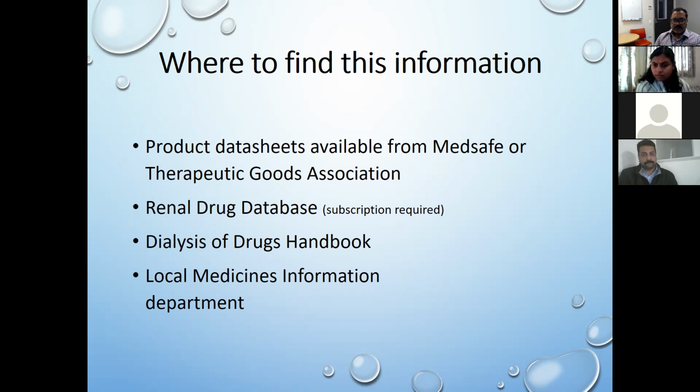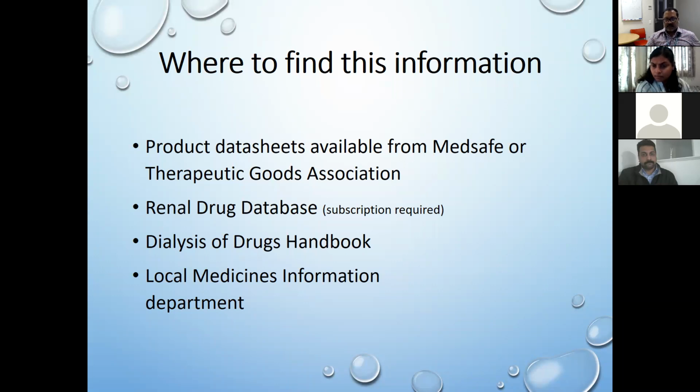I forgot to mention and list here the New Zealand Formulary. You should have access to the New Zealand Formulary. It's freely accessible across New Zealand, and it also links to product data sheets. In the data sheets, they often have a section for dosing, and sometimes you'll be lucky to find a section about what to do in a patient with end-stage renal failure who needs dialysis.